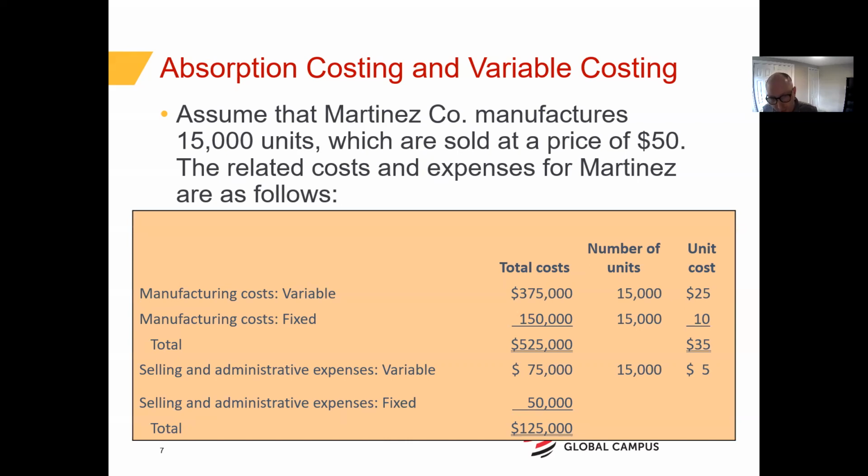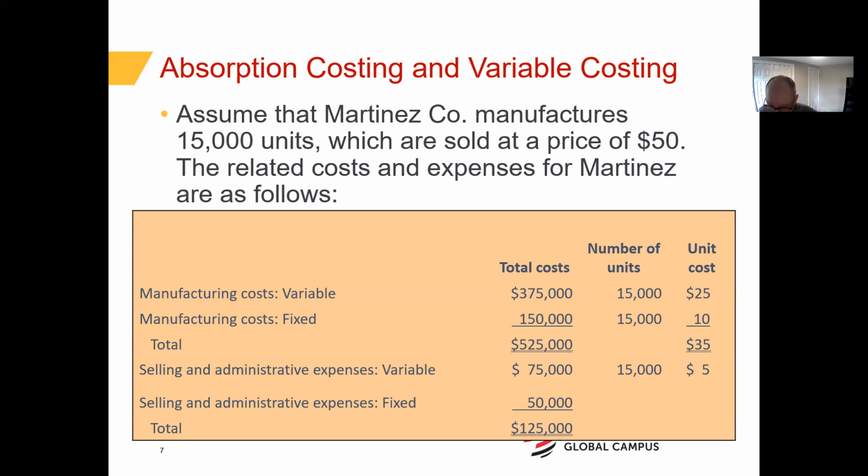Then you'll see we have separated out selling and administrative expenses for variable and fixed. Now you might be asking, oh, what can be variable with selling administrative expenses? Well, quite simply put, commission, sales commission, right?